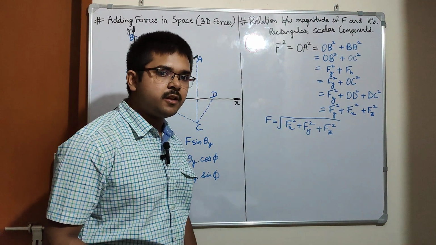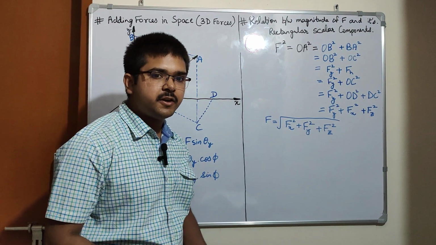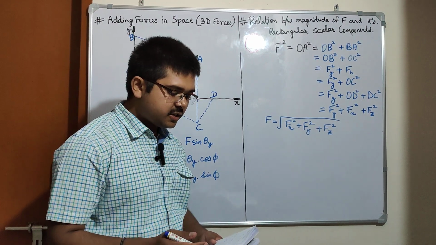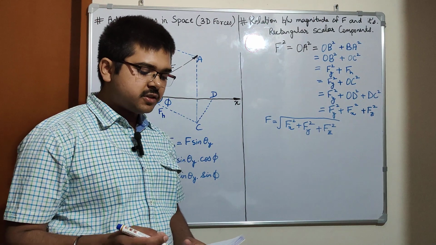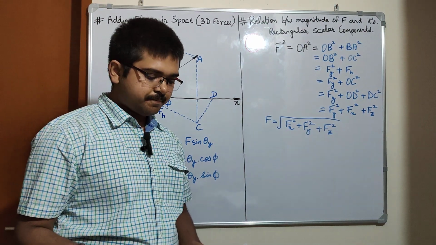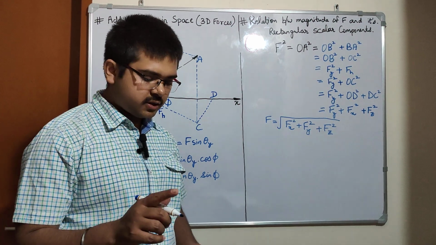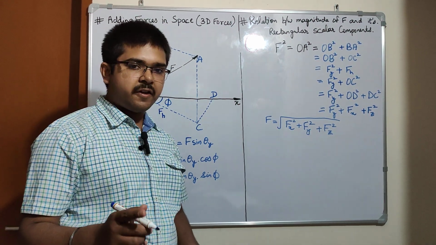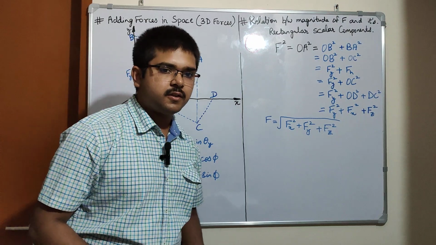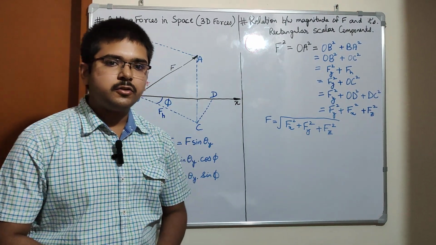Now this video is getting too long, so in the next video I'll cover the relationship between force F and its components Fx, Fy and Fz, and the relation between the cos theta and Fx, Fy and Fz. So that will be covered in the next video.